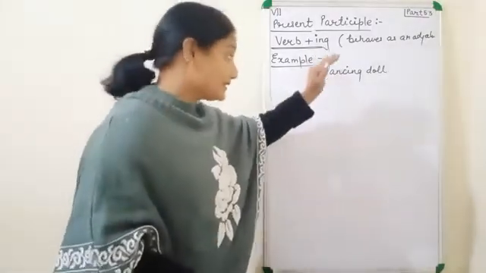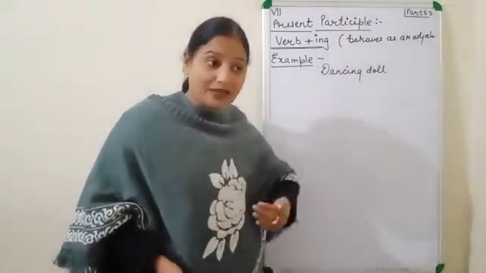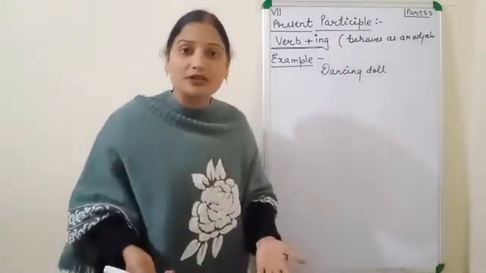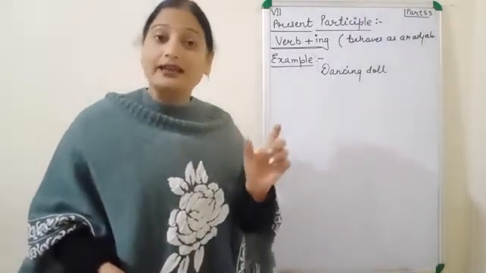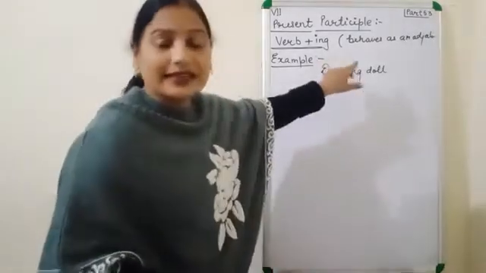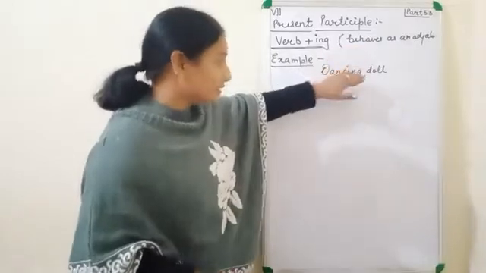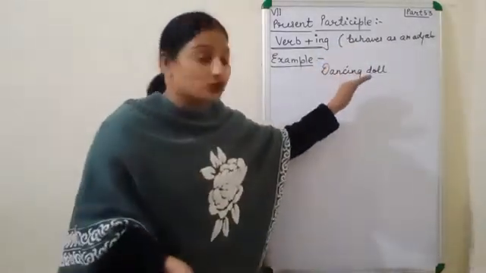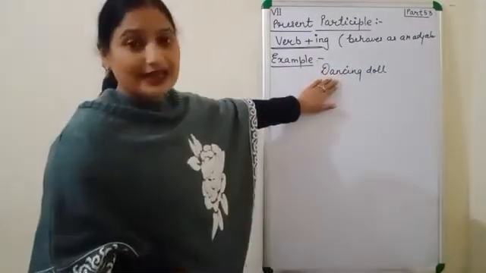If we give the quality of the noun, if we give some expression about the noun, then that word is called an adjective. So, although "dancing" is a verb, here it is giving some quality of the doll, and that's why it is used as an adjective.